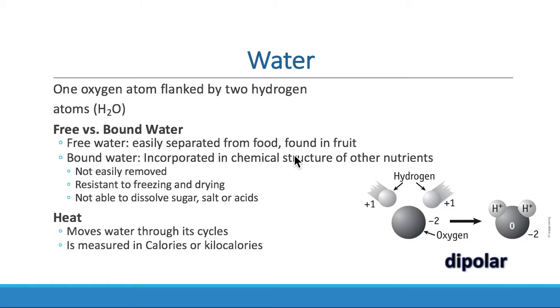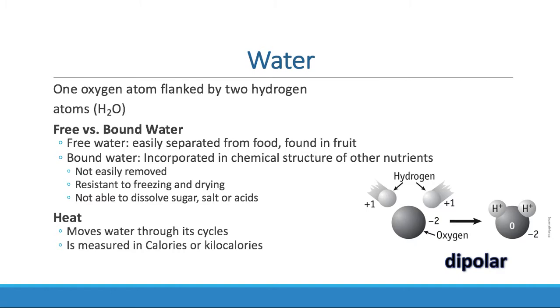So this results in a water molecule that has a negative pole, driven by that -2 charge on that oxygen atom, and then a positive pole. So this makes it what is known as dipolar. So this dipolar nature gives water many of its characteristics.